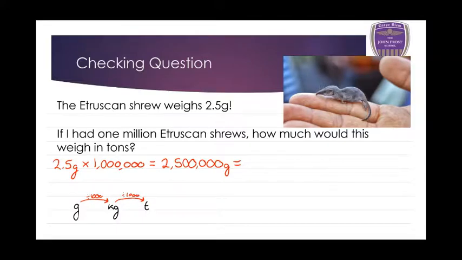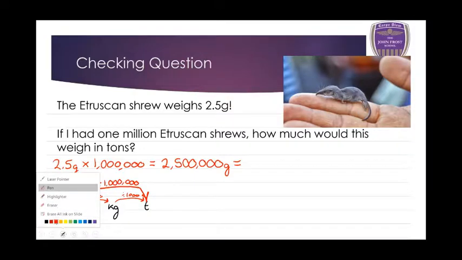But there was a way we could do it in one step, and that was by dividing by 1,000,000. So there's 2 ways you could have done this. To turn 2.5 million grams into tons, you could have either divided by 1,000 twice, or you could divide it by 1,000,000. I'm going to divide it by 1,000,000.